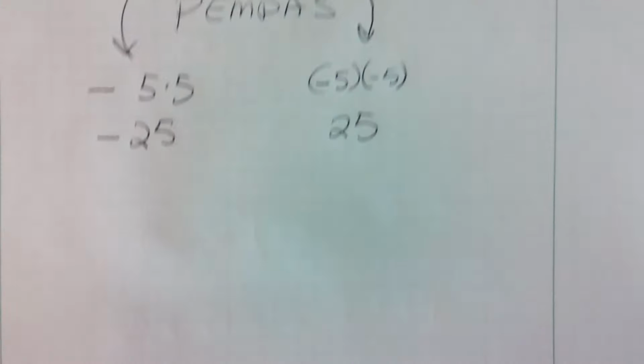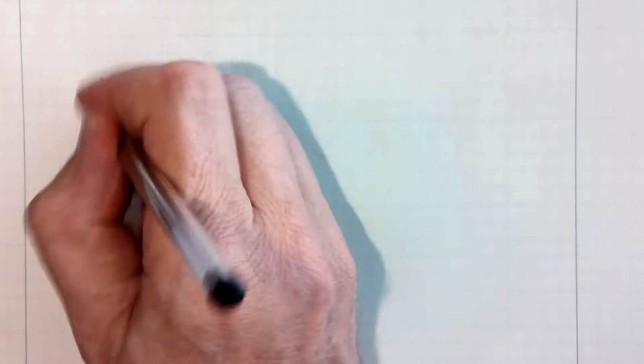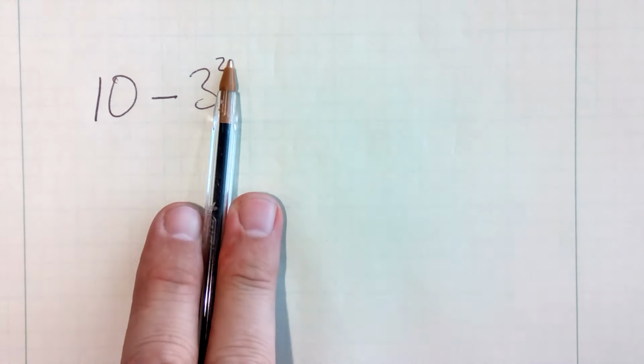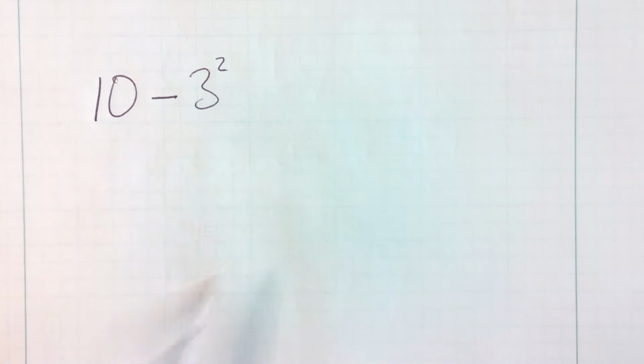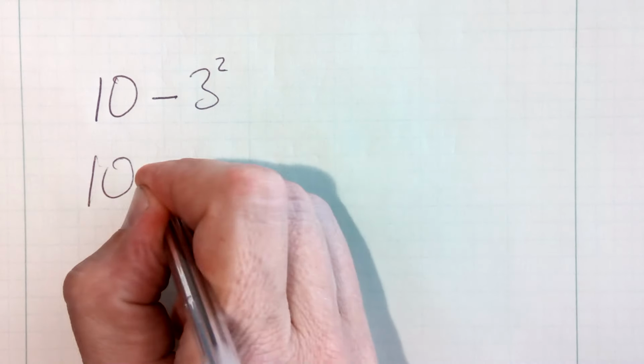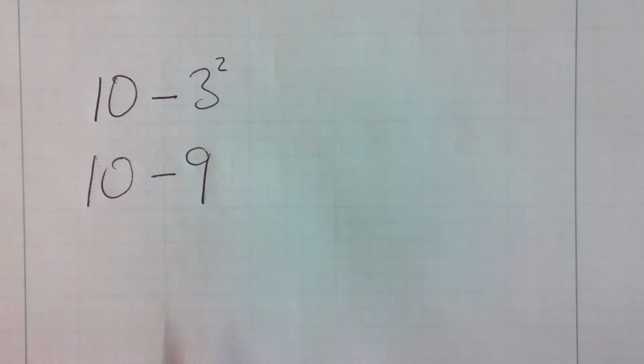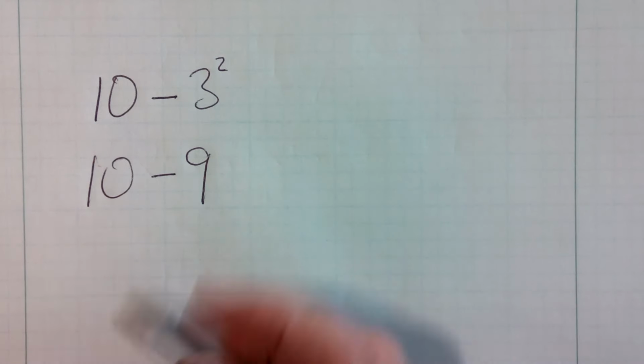Another way to think about it, and I like to do it with a 3: if I was to go 10 minus 3 squared, by order of operations, we do the exponent before we do subtraction. So we go 10 minus 9, because 3 squared is 9, and 10 minus 9 is 1.